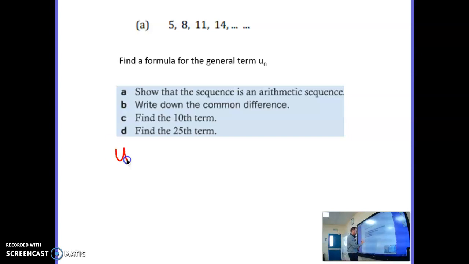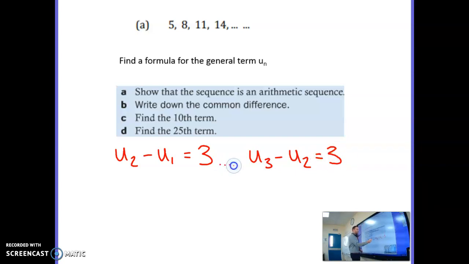Well, to show it's arithmetic, I can say U2, the second term, minus the first term, is 3. Then I can do the same for the next part. U3 minus U2 is also 3, etc. Once you've shown that consecutive terms in the sequence have the common difference, we've shown it's arithmetic.